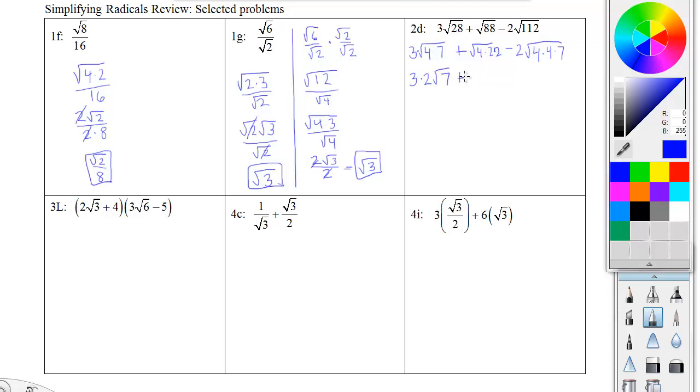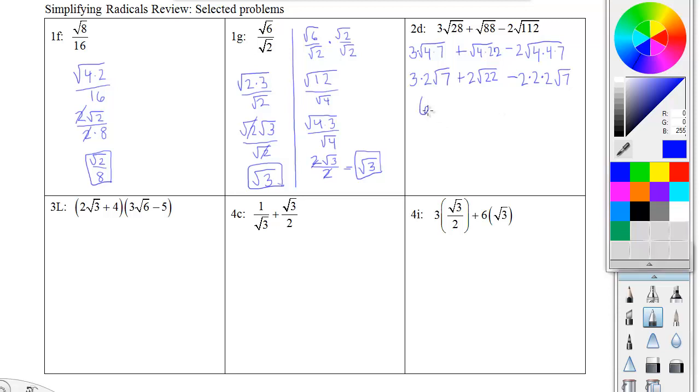Then here we have 4 times 22, and the square root of 4 is 2, and the 22 stays trapped. And then here, if you wrote this as a 16, then just a 4 comes out. The way I've done this, the square root of 4 is 2, the square root of this 4 is 2, and the square root of 7 is trapped.